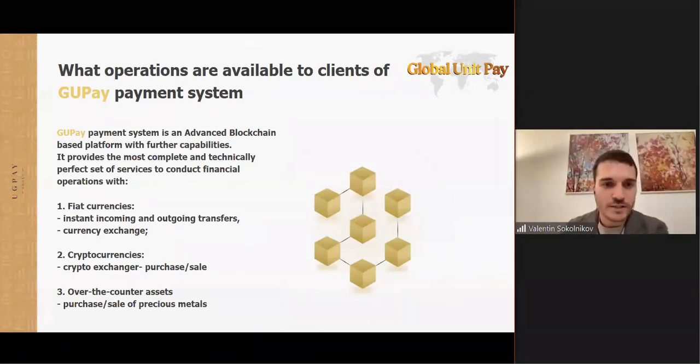If you want to, you can exchange them to a stable or fiat currency, euros, dollars, and then move the euros, dollars to your bank card, and then go buy whatever you want in the shop, be it an online or offline shop, and then over-the-counter assets.